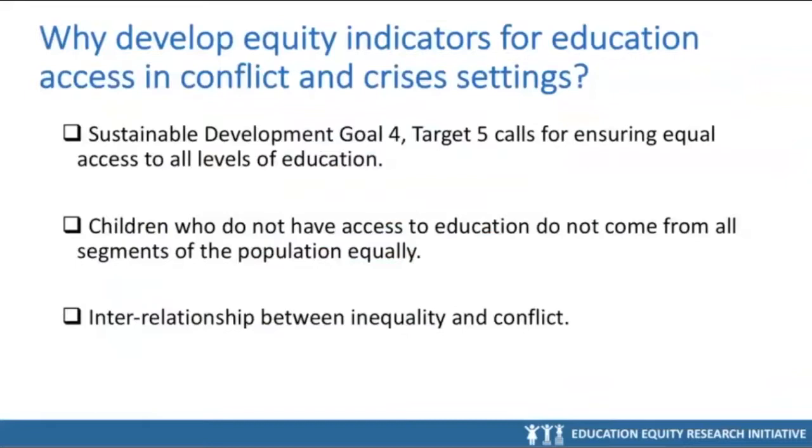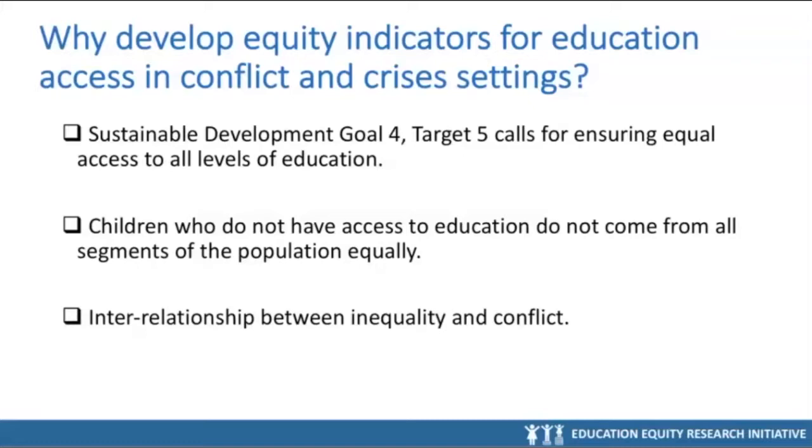If you're not already convinced that it's a useful thing to do, we also want to call attention to the alignment of this agenda with Sustainable Development Goal 4, whose Target 5 explicitly calls to eliminate gender disparities in education and to ensure equal access to all levels of education, including for persons with disabilities, indigenous peoples, and children in vulnerable situations.